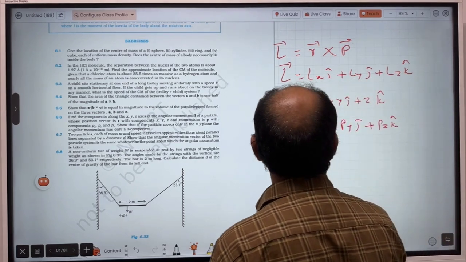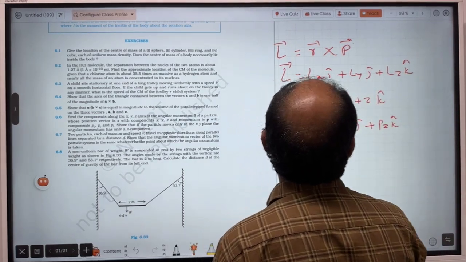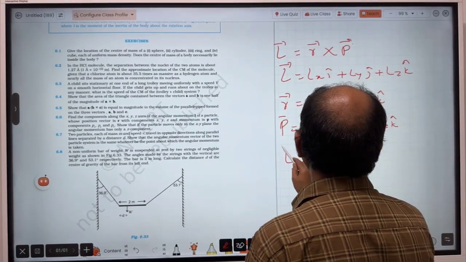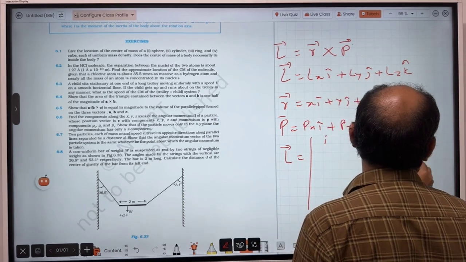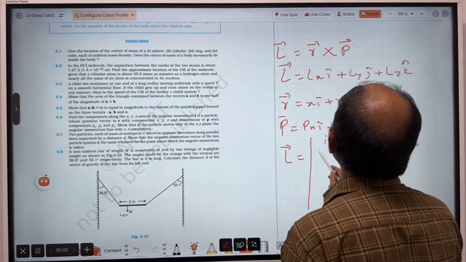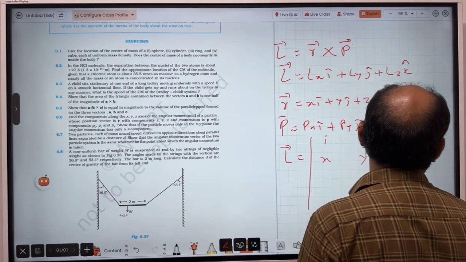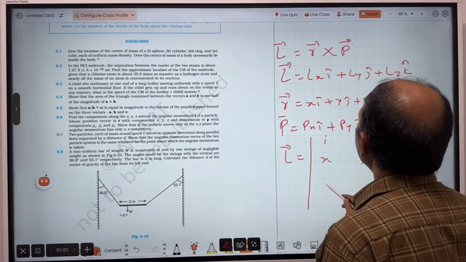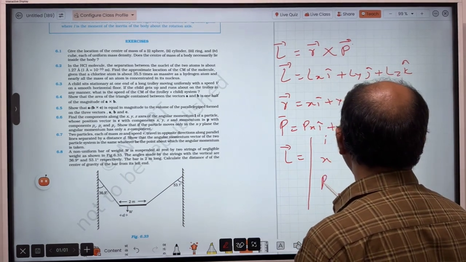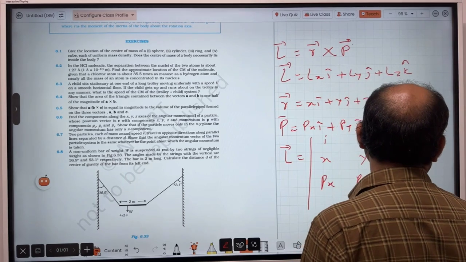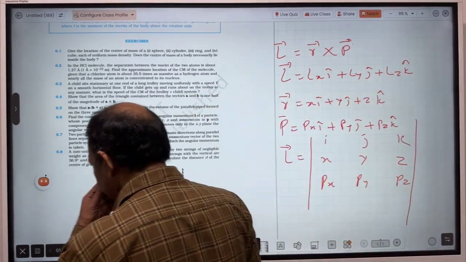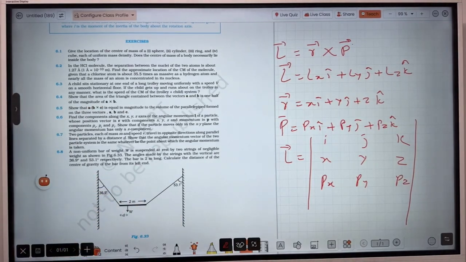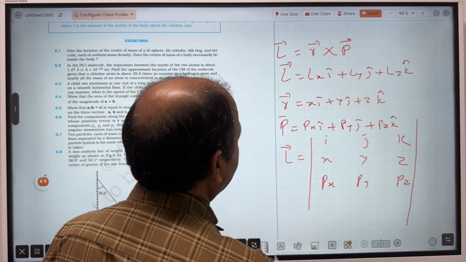Now you need L. So L can be written as the determinant of i j k, then x, y, z, then Px, Py, Pz. Now it is simple. Here you can evaluate.